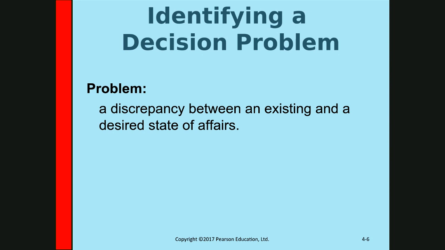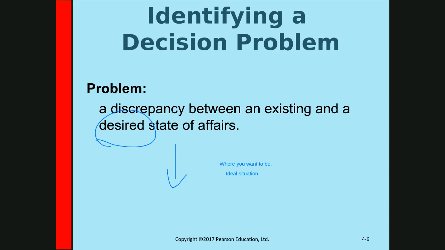Okay, now, what does it mean by desired state? Meaning where you want to be, or another word, the ideal situation. So when there is a problem, you will need to bridge this gap.